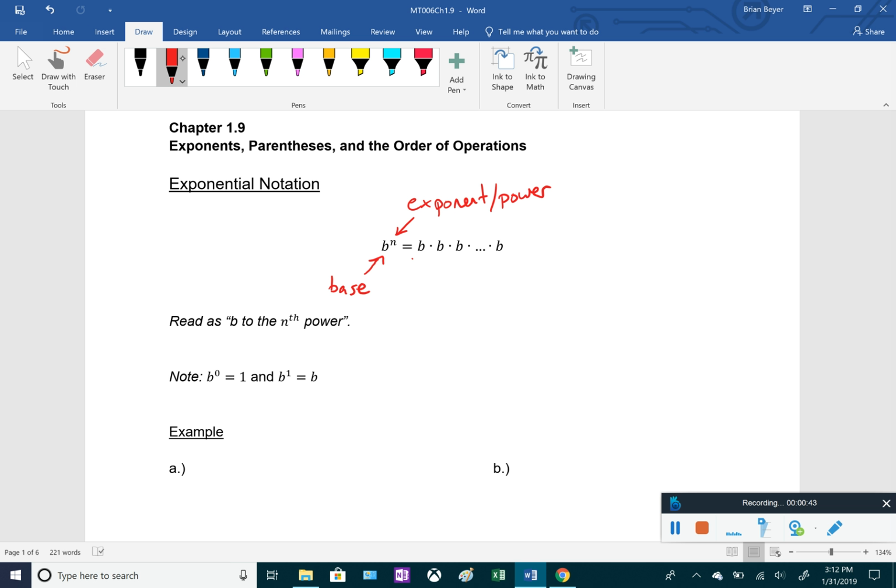So b to the n equals b times b times b times b, n number of times, so there are n factors of b. We read this as b to the nth power, and an important note here is anything to the 0 power equals 1, and anything to the first power equals itself.